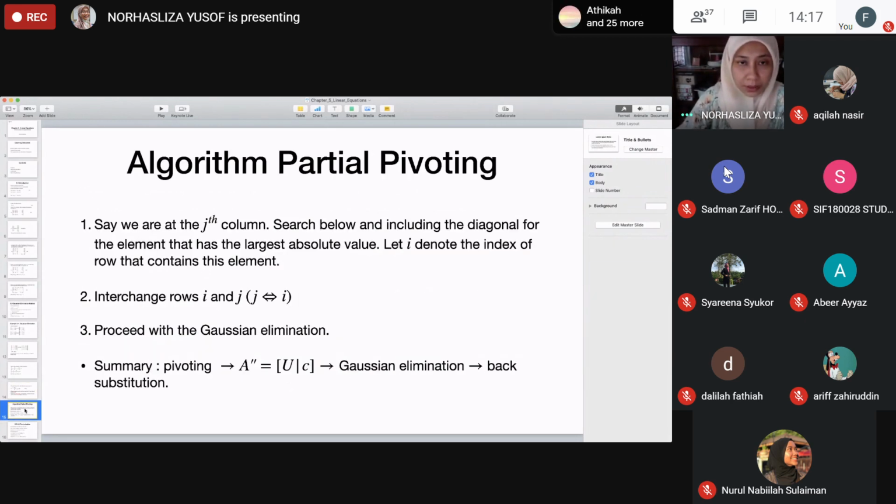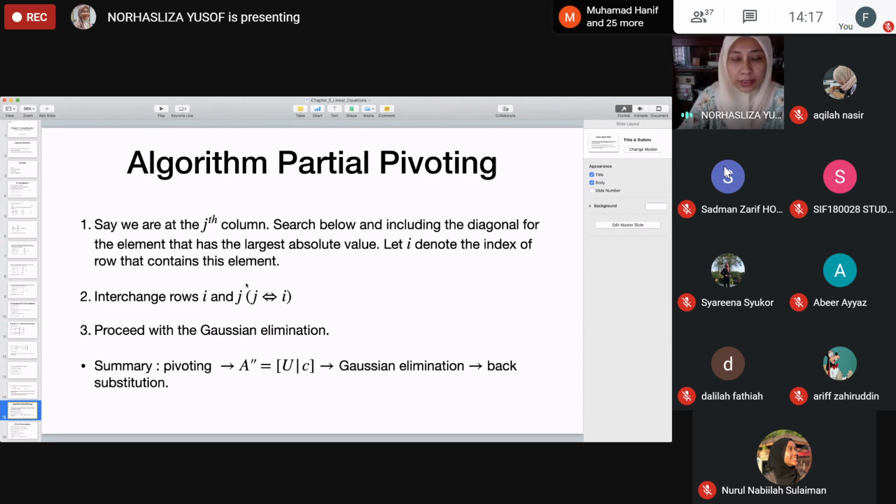This is the algorithm for partial pivoting. In this course, we are going to check for partial pivoting. It means that we have only one 0 in the main diagonal, and after that you have to solve it. The idea is you check which column has a 0 in the main diagonal, and then you just swap the rows.